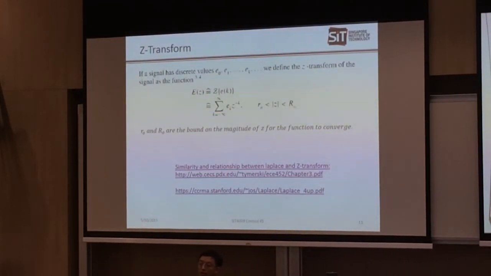Alternatively, you can also have another type of approach, which is the transform. So in your continuous domain, you can do the Laplace transform to transform your time domain to S domain. Similarly, in the digital domain, you can transform your time difference equation into a Z function. And this is your Z transform.